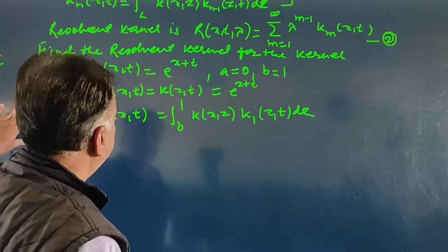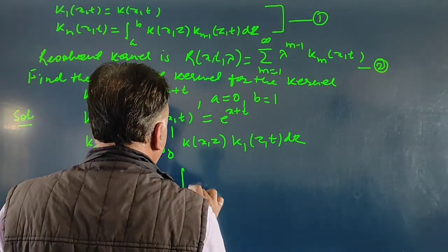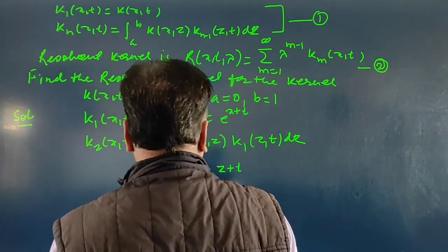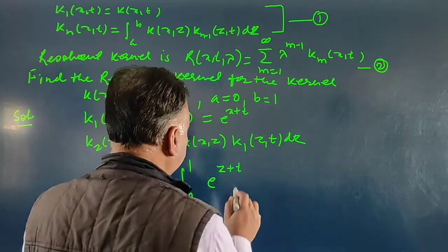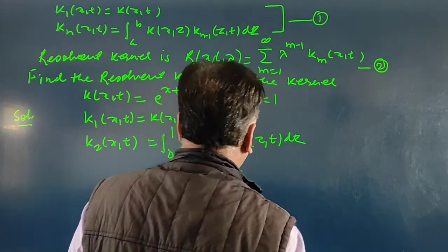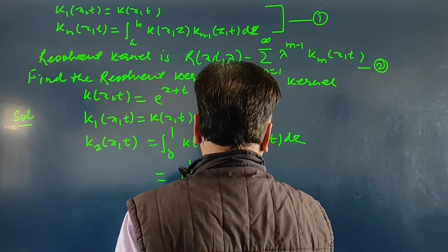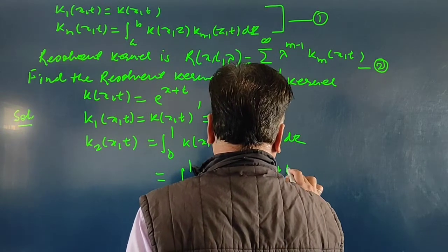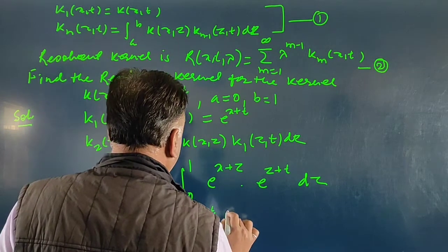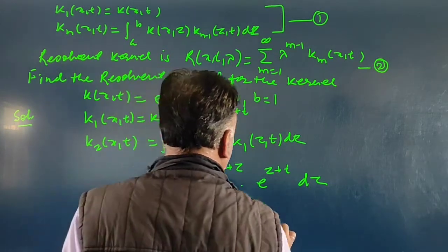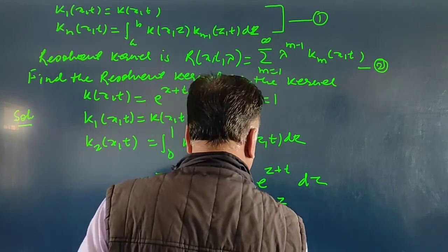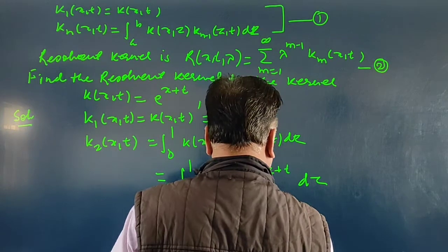Then we get the second iterated kernel as the integral from 0 to 1 of K(x,z), which is e raised to x plus z, into K1(z,t), which is e raised to z plus t, dz. This is equal to e raised to x plus t times the integral from 0 to 1 of e raised to 2z dz.